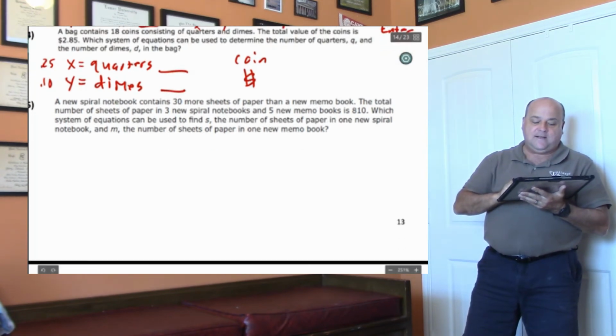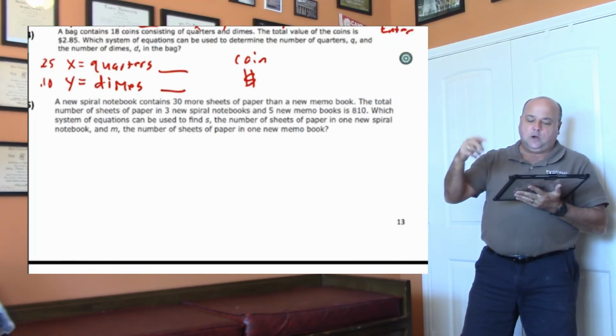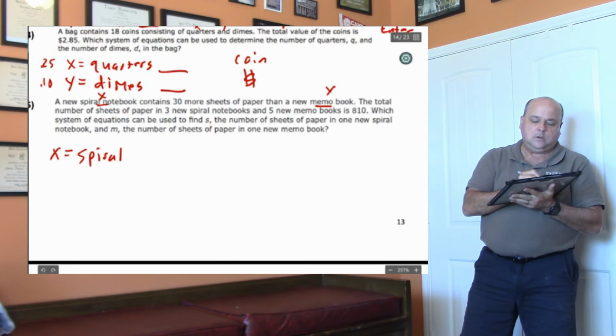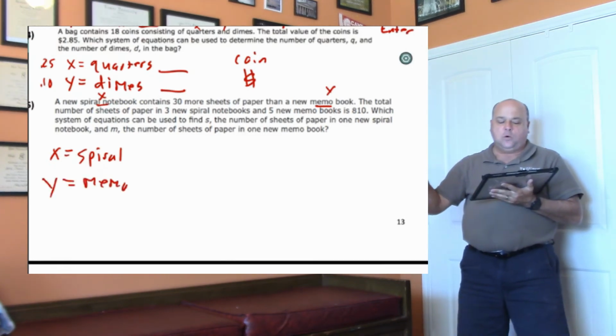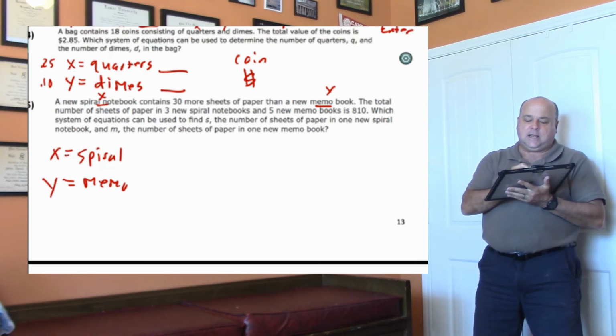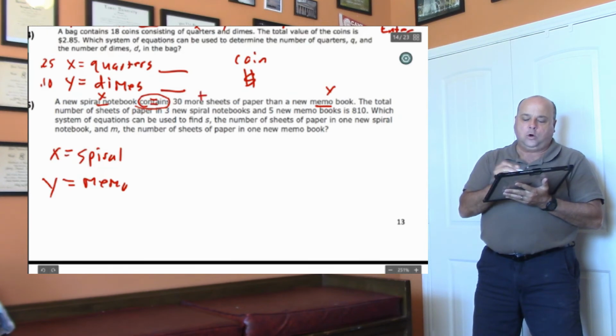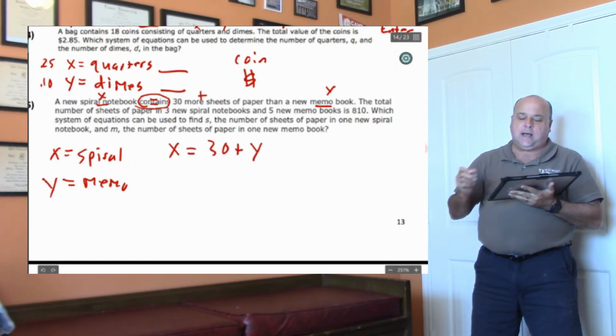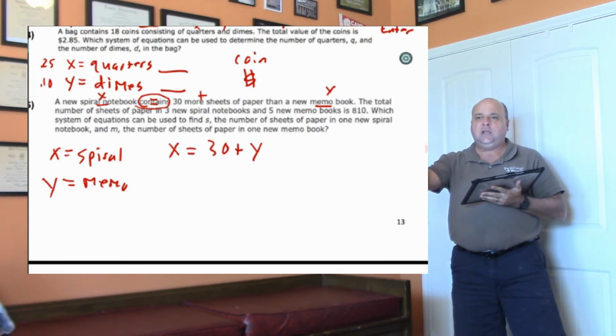Go to number 5. Okay, we have a spiral notebook and a memo book. So I'm going to let this be x, this be y. So x is spiral, y is memo. Okay, a new spiral notebook contains 30 more sheets. So the spiral notebook is x, and contains turns into the equals.